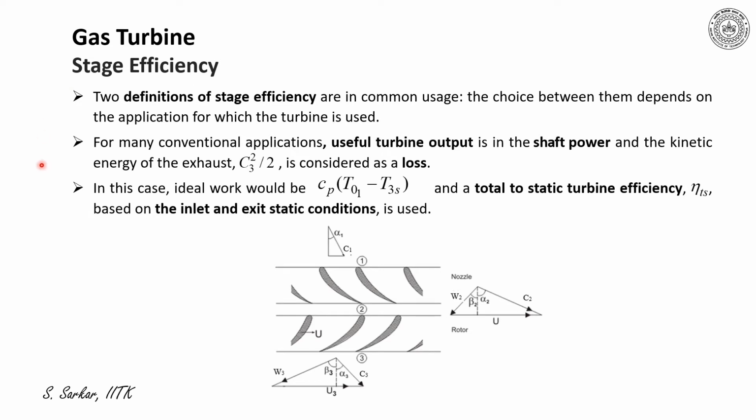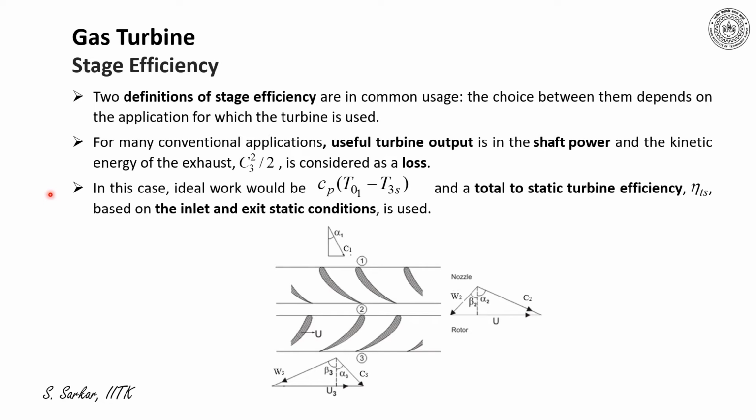For many conventional applications, useful turbine output is the shaft power and the kinetic energy of the exhaust gas, that is Ct squared divided by 2, is considered as a loss.